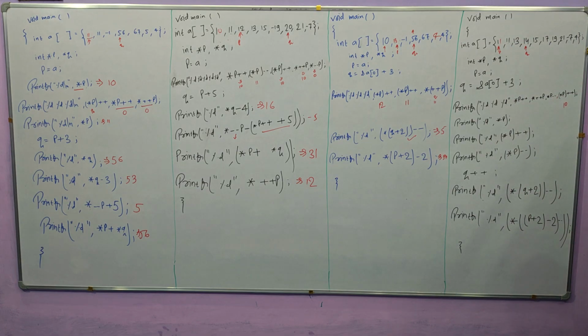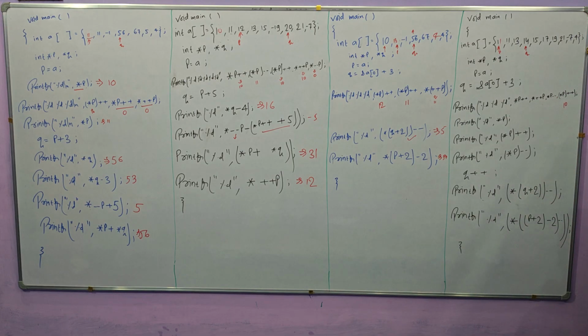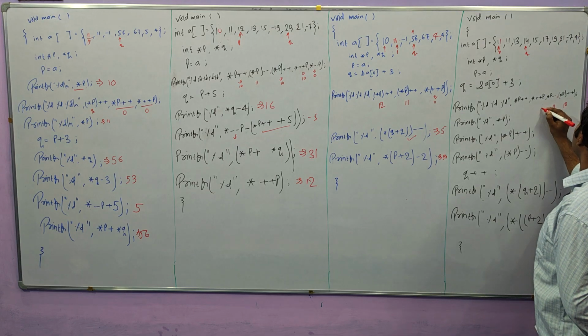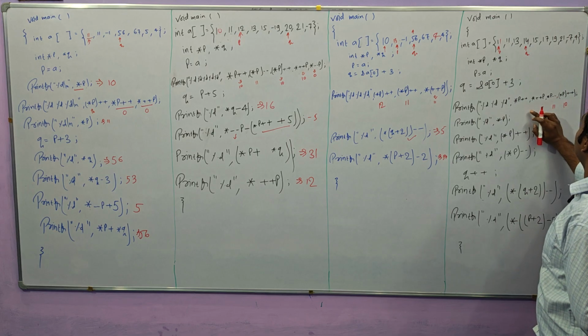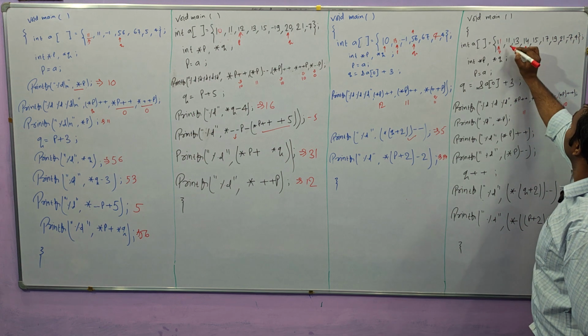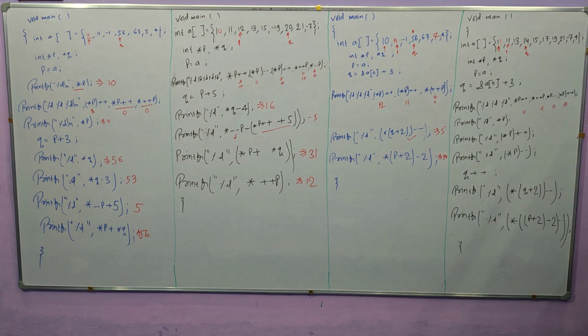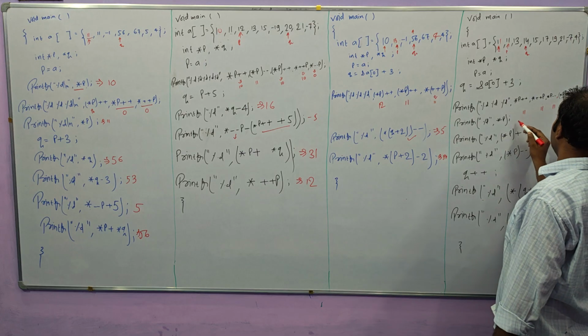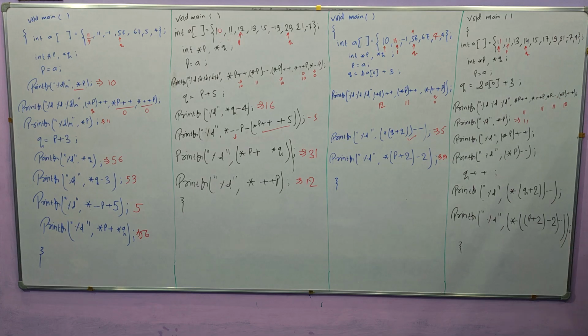Now p minus minus. p minus minus, that value becomes 11 and 0 plus plus. Now the value becomes 11 and points to this, p plus plus. The value becomes 11 and points to this. *p points to 11 and its value is also 11.